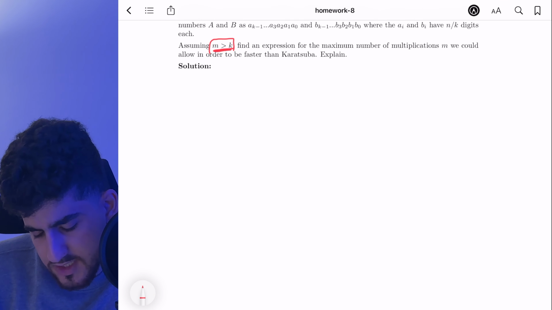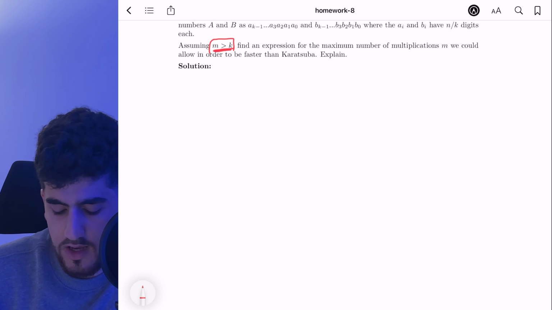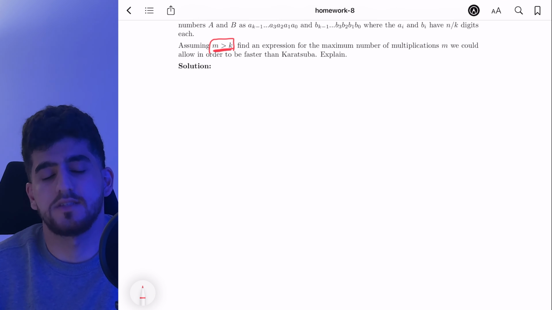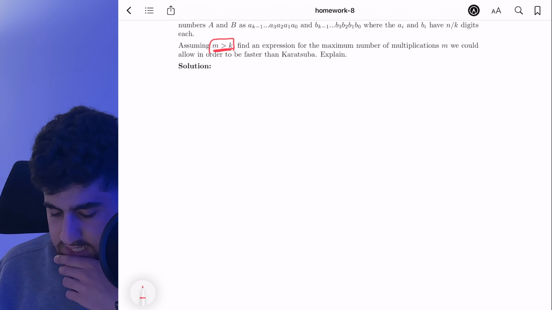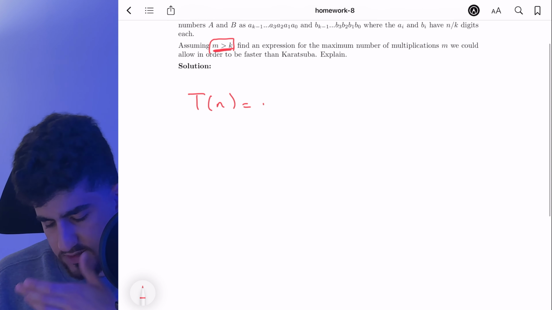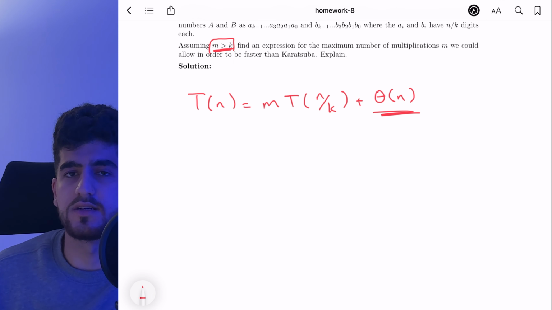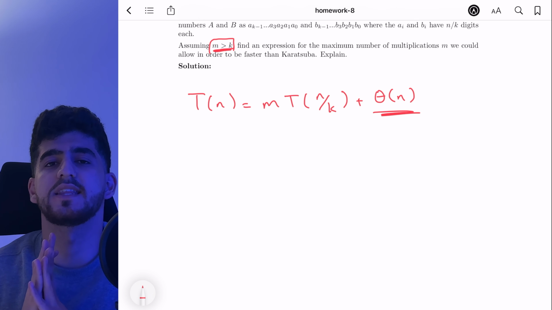So assuming m is greater than k, find an expression for the maximum number of multiplications m we could allow in order to be faster than Karatsuba. Well, as I said, first let's write the recursive formula. We have theta of n, which is always there, because of shifts and additions.